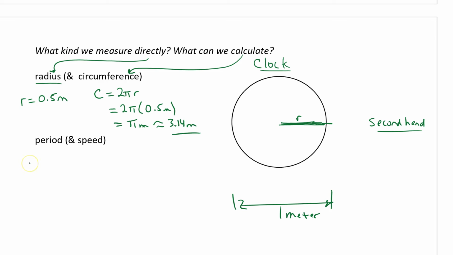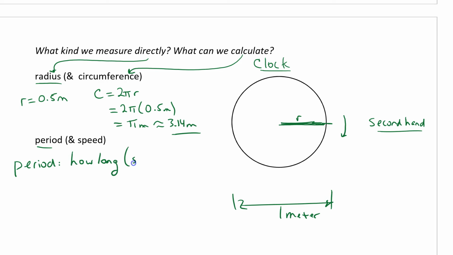What else could we measure? Well, if this clock is moving along, and the second hand moves this way as it rotates around, we could measure the period that it takes. So how long does it take for this second hand to go all the way around? Well, period is exactly that: how long?